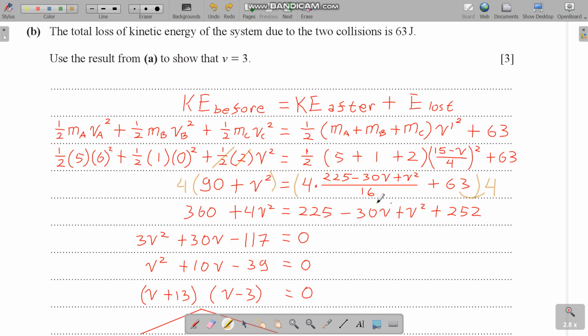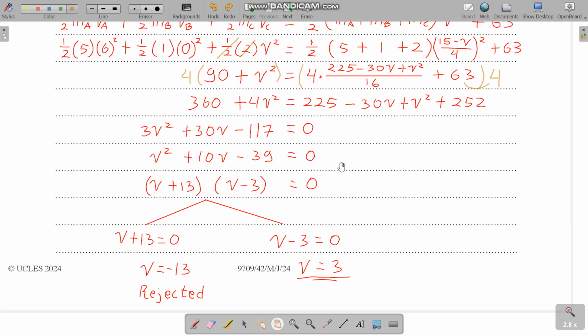And we subtract v squared, so we have 4 minus 1, which is 3. And add 30v to both sides, we have plus 30. And we subtract these two, we get 360 minus 225 minus 252, we get minus 117. Divide both sides by 3, and we factorize. So we have two possible values of v. We use the positive because v is speed, not velocity. v must be positive, so this is rejected. So we have what we need to prove.